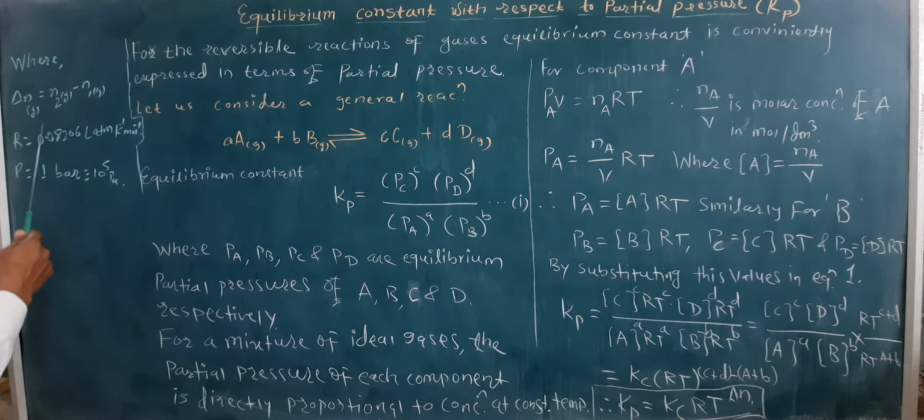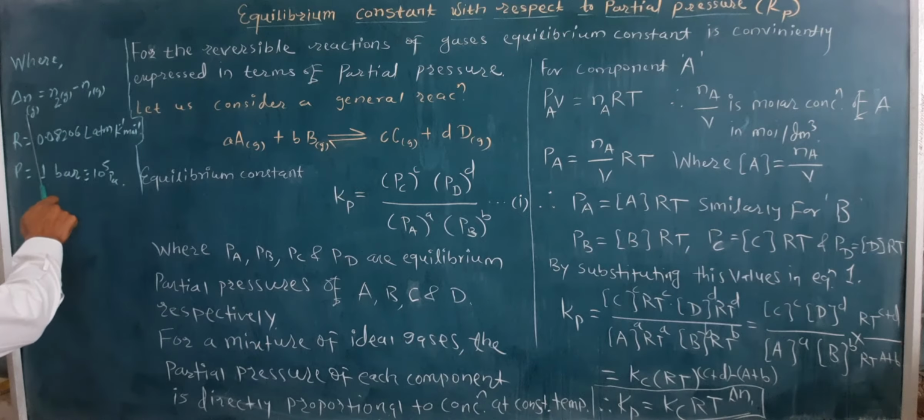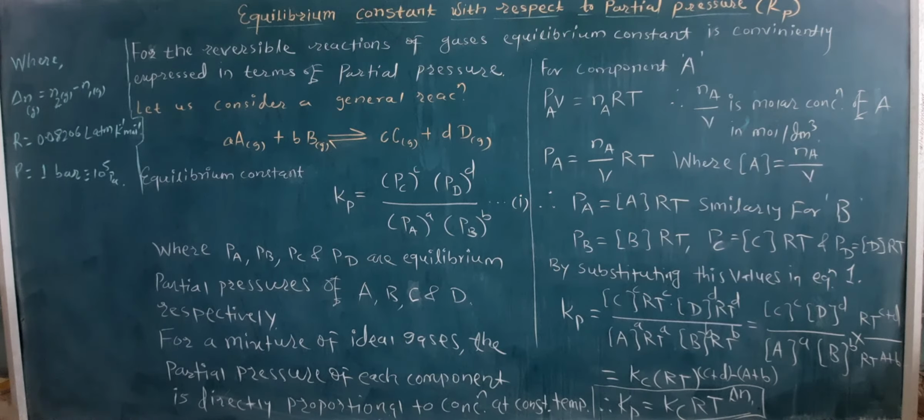Try to understand, delta Ng, that is change in number of moles of gases, means number of moles of gaseous products minus number of moles of gaseous reactants. As all gases are involved there, it is an easy thing to find out the delta N, change in number of moles of gaseous products and reactants.